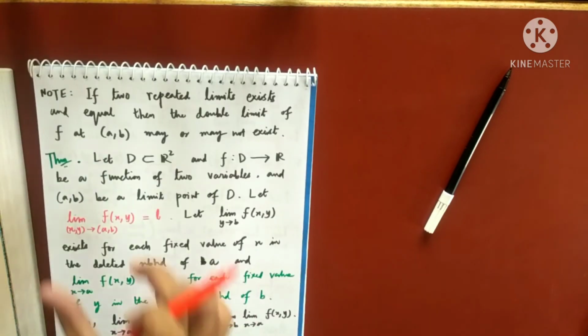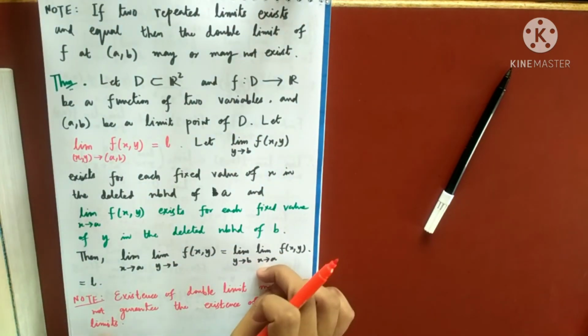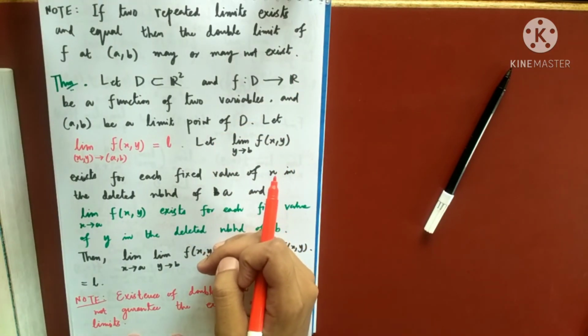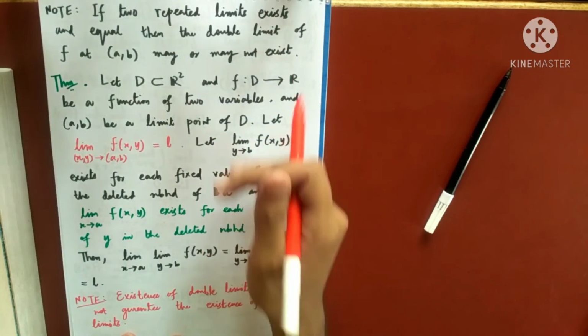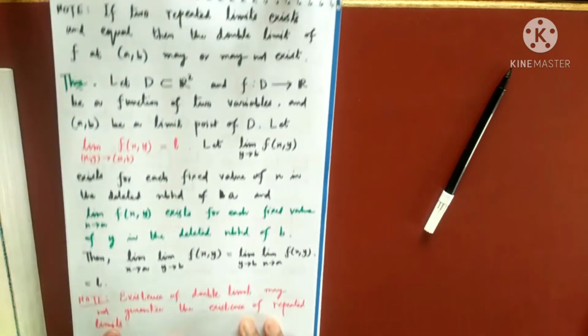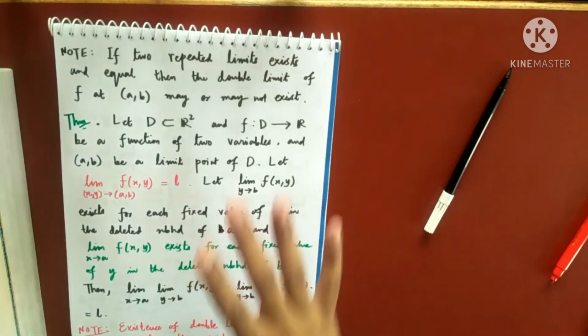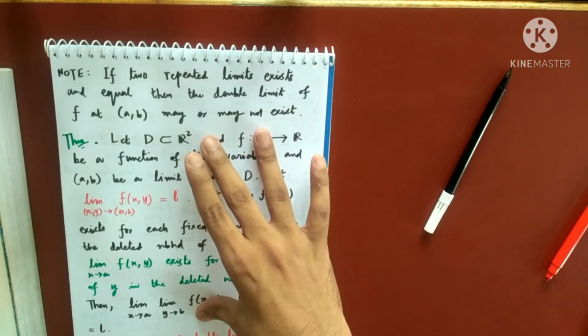That means only with the help of this I cannot say this happens. One more extra condition should be satisfied. If this condition is not satisfied, even though the double limit exists, the repeated limits may not exist and may not be equal.